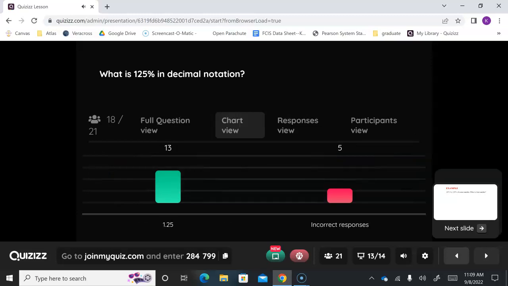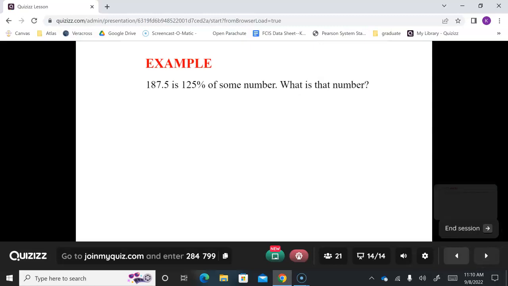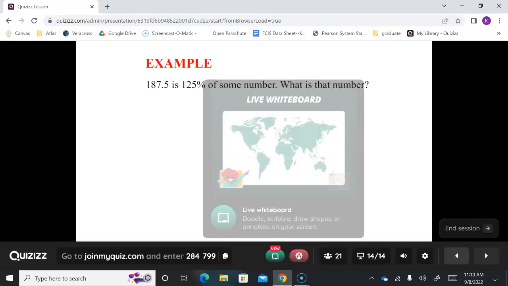There you go. See, you did better. 1.25. Okay, make sure you can properly convert your percents into decimals because I can't do math with percents. It has to be in decimal notation.